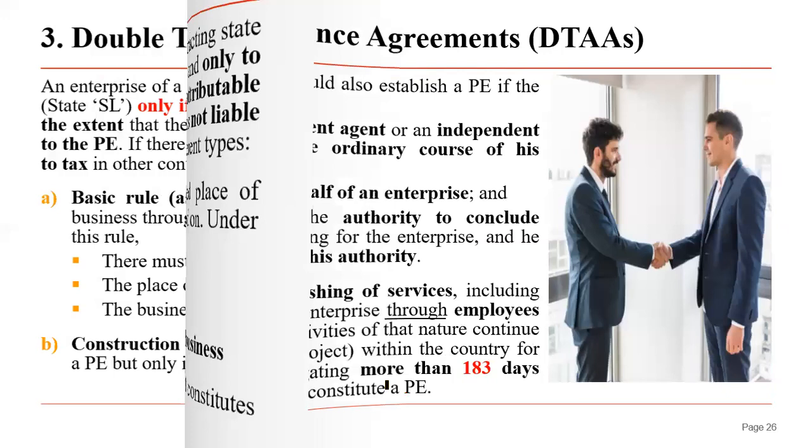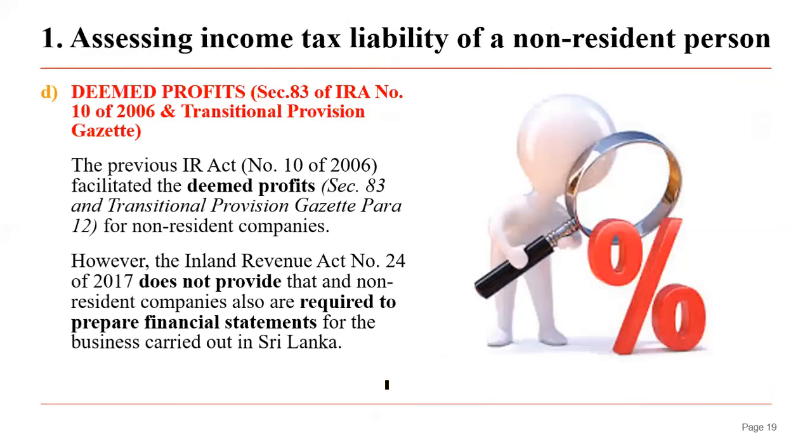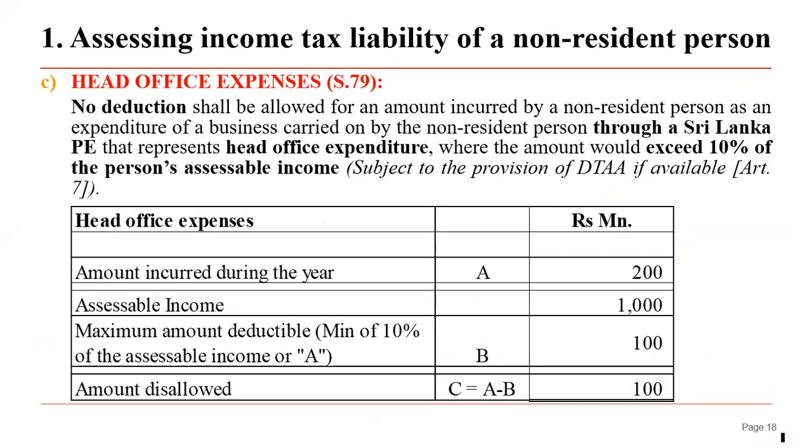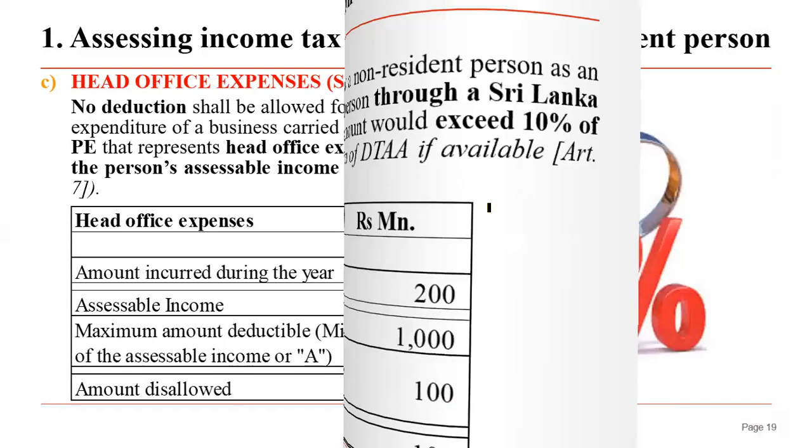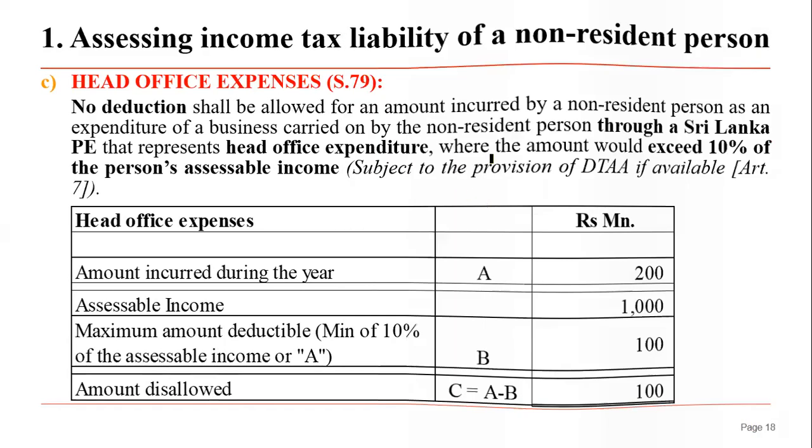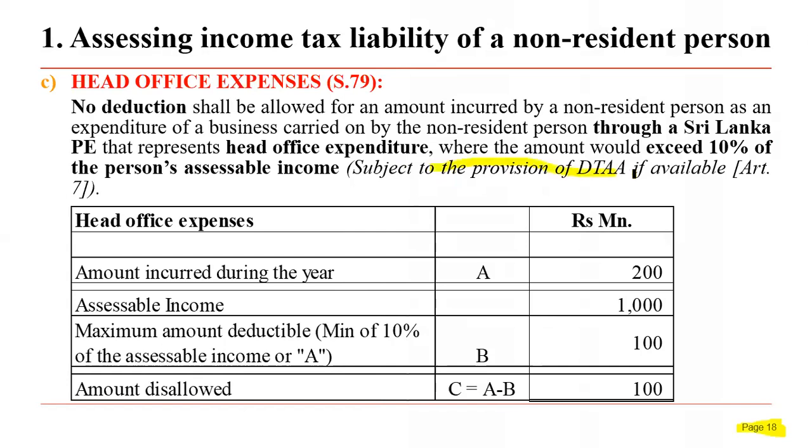Here you can refer to slide number 18. We discussed in detail, with the calculation, the 10% limitation. Then here you can see, subject to the DTA provisions, is available under Article 7, which we discussed a short while ago.